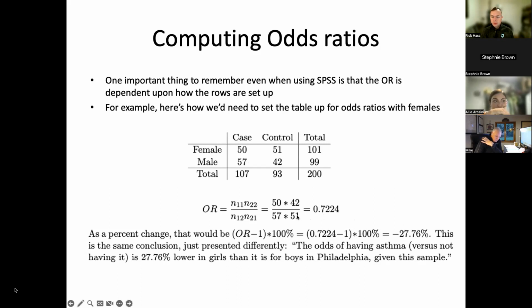Okay? So basically the difference between female and male odds is a 27.76% difference. The negative sign lets us know that females have the lower odds compared to male. 27.76% lower.